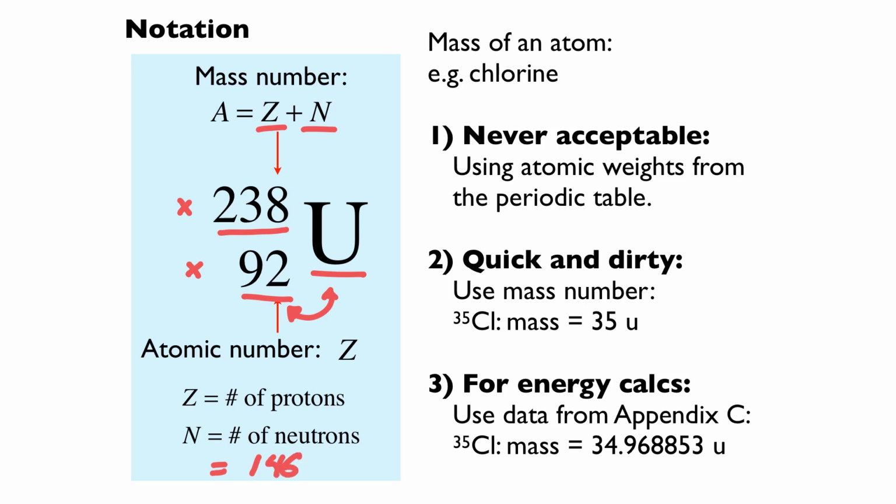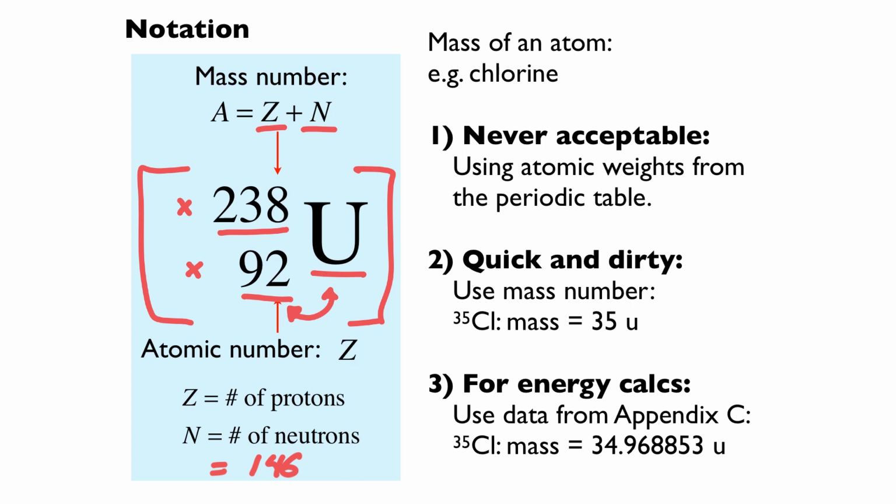Now, when we're working with nuclei in nuclear physics, you have to know what specific isotope you have. This particular nucleus of uranium-238 has 92 protons and 146 neutrons. It's different than uranium-235, which has 92 protons, but it's got 143 neutrons. That makes it have very different properties.